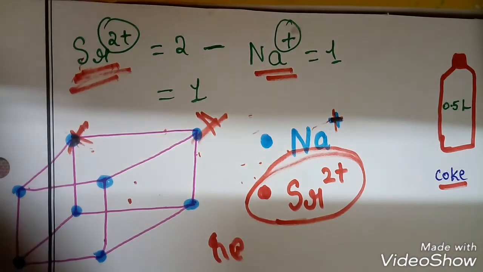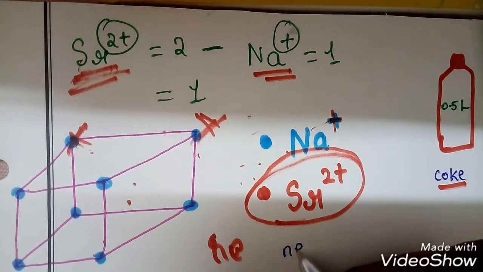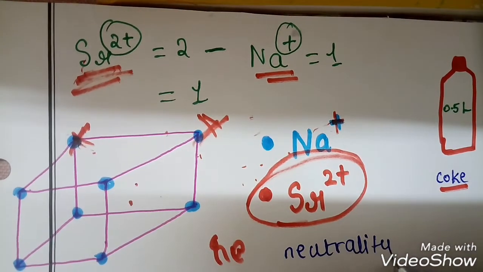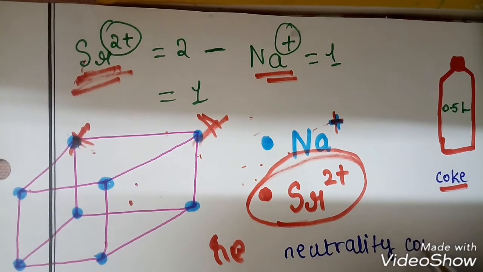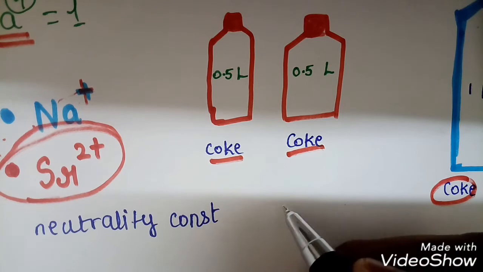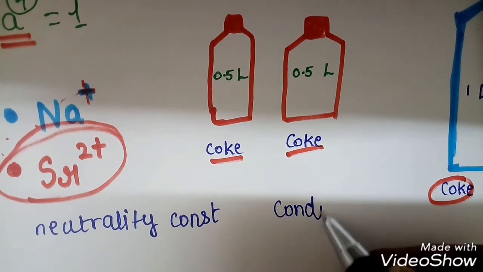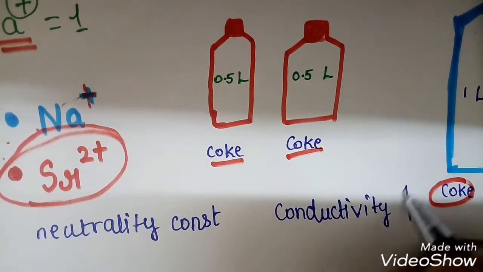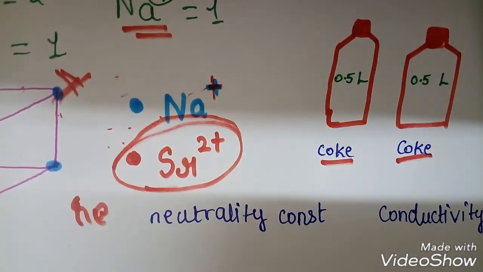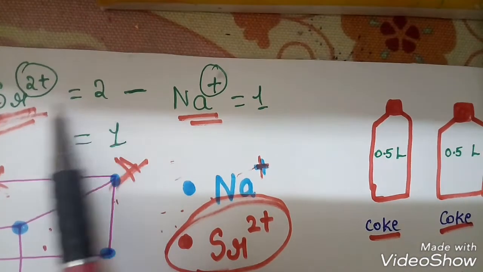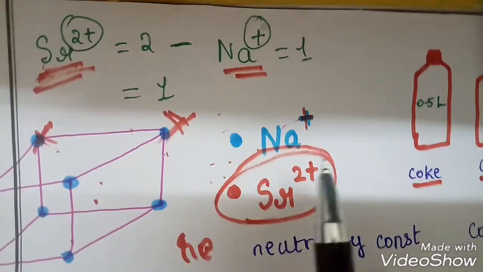Let me write down: neutrality constant, because there's no change in the neutrality. Conductivity increases. Okay, so this is why you should take the difference of these two, and this was 1.